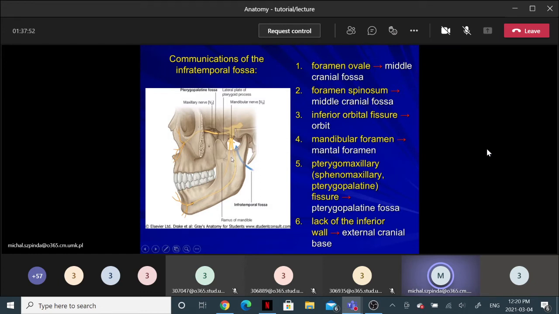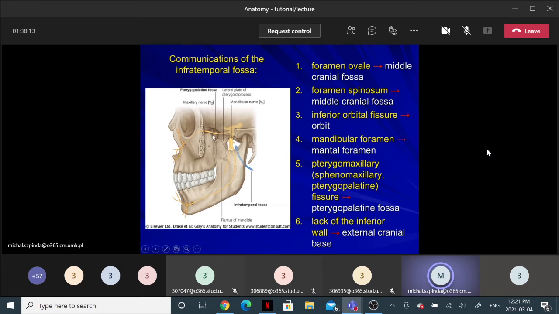Here starts the mandibular canal ending in the mental foramen. So due to the mandibular canal, the infratemporal fossa communicates with the chin.